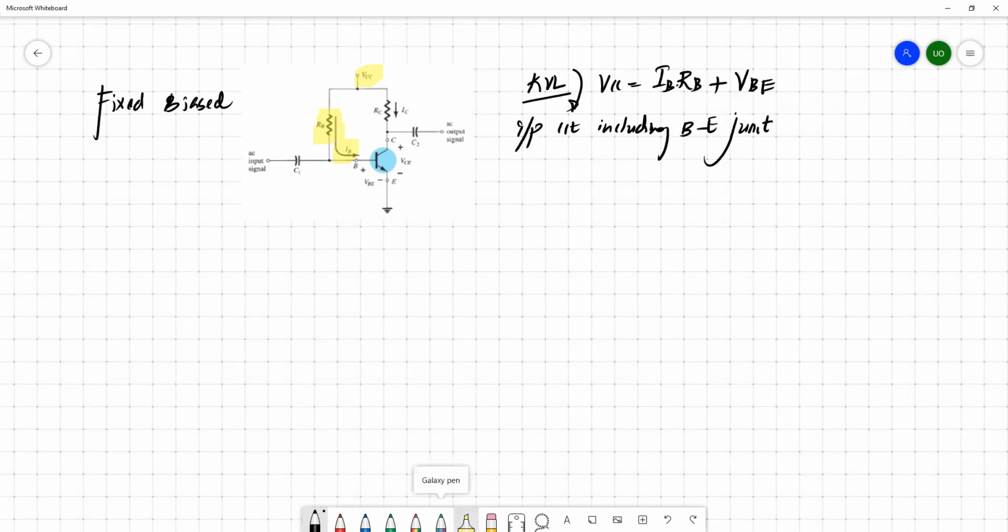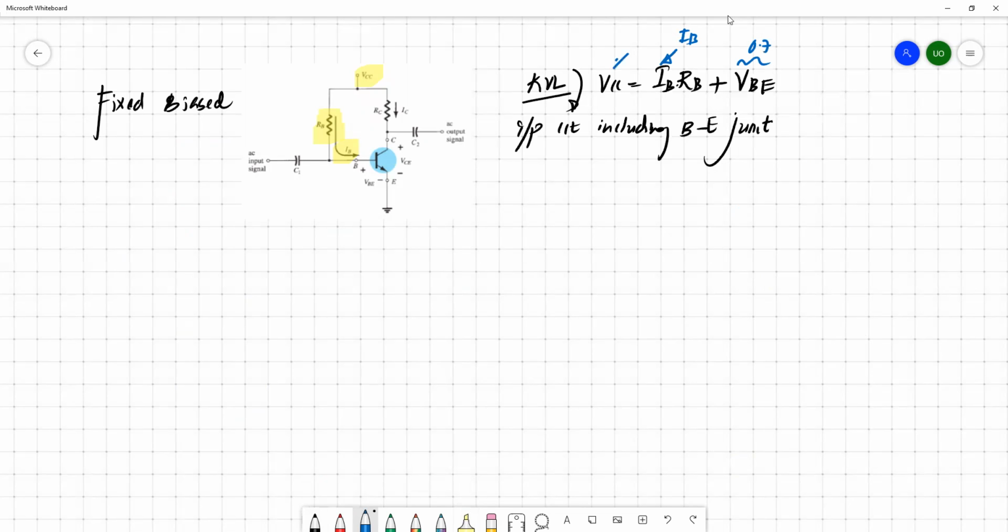So we know that VBE is 0.7, and you can select IB as you wish based on the operating point.